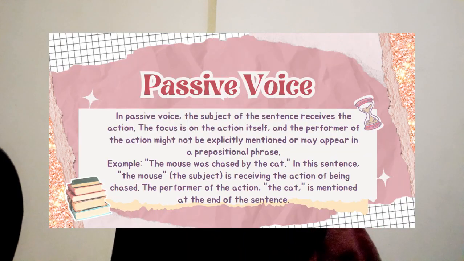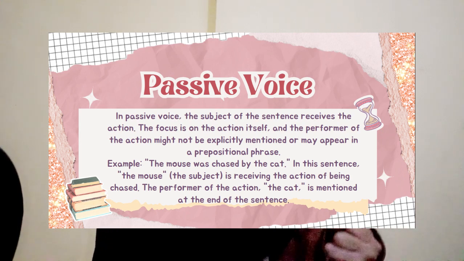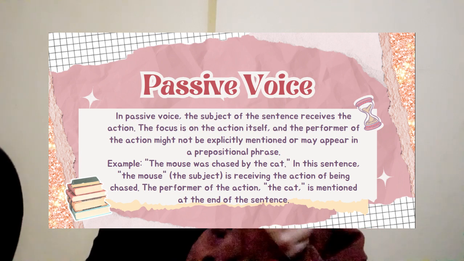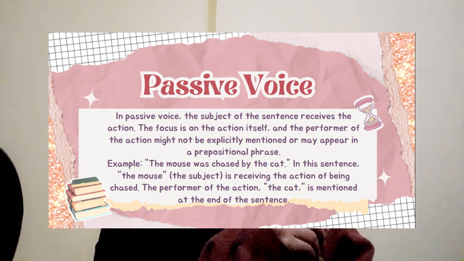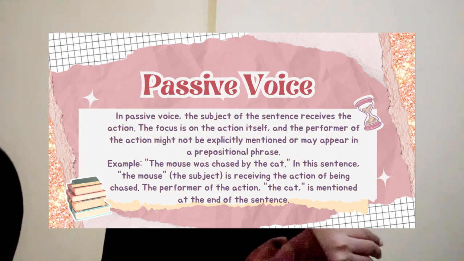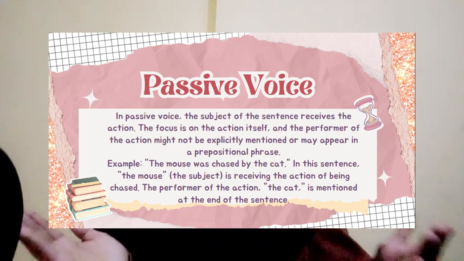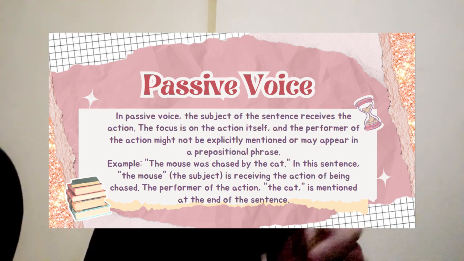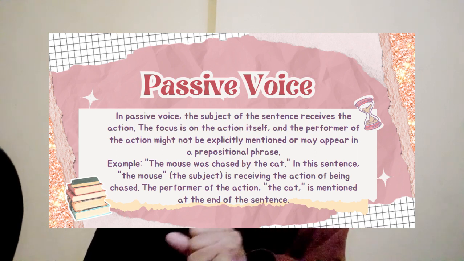Meanwhile, in passive voice, the subject of the sentence receives the action. The focus is on the action itself. So in passive voice, they tend to focus more on the action itself, and the performer of the action might not be explicitly mentioned or may appear in a prepositional phrase. So, for example, the previous example, the cat chased the mouse.